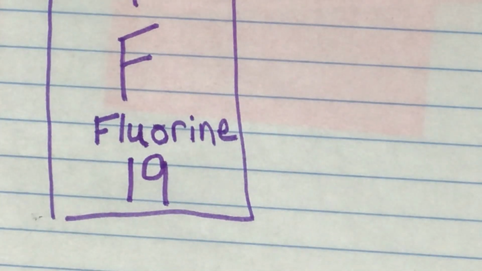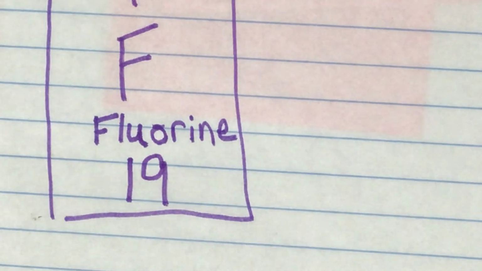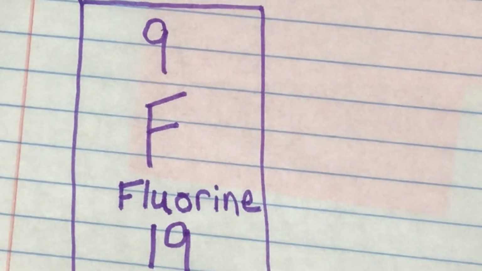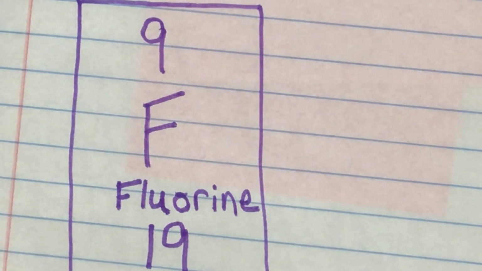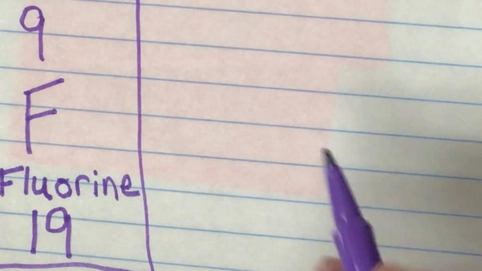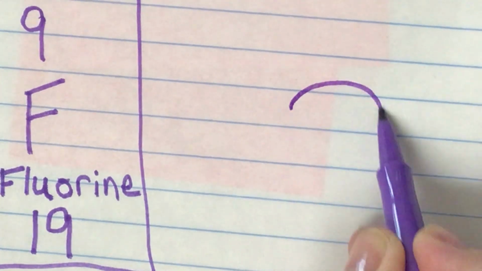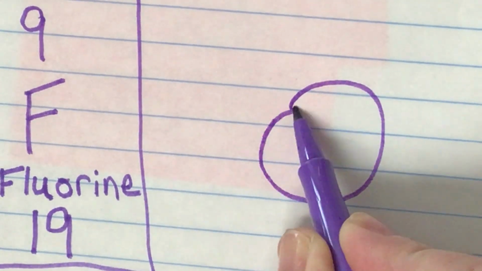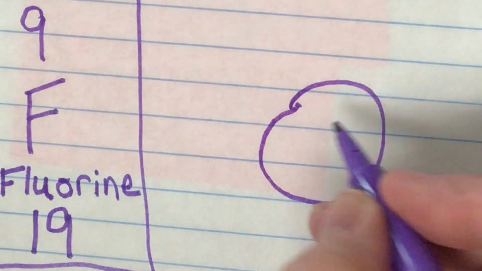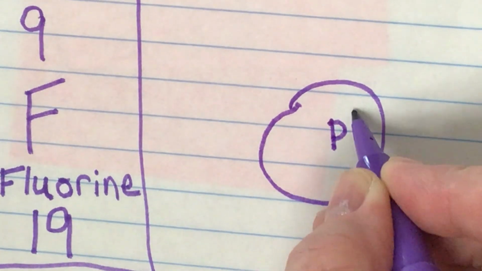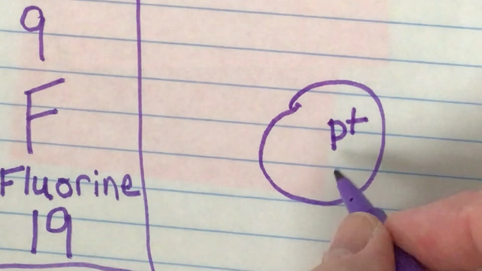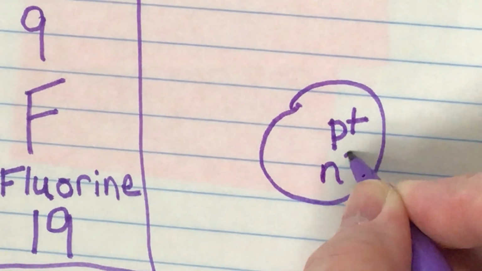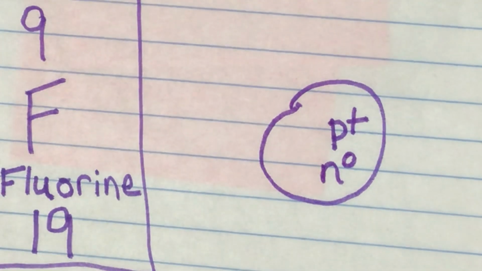Now, we have all the info we need to draw a Bohr model. All right. Did everybody get that? Okay, we're going to draw a nucleus. Okay, inside the nucleus, you'll get better at this. This is new. Inside are positive protons and neutral neutrons.